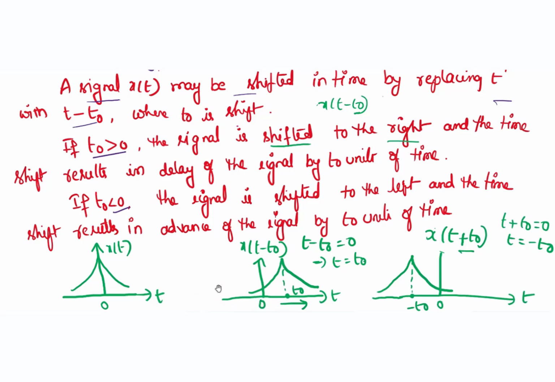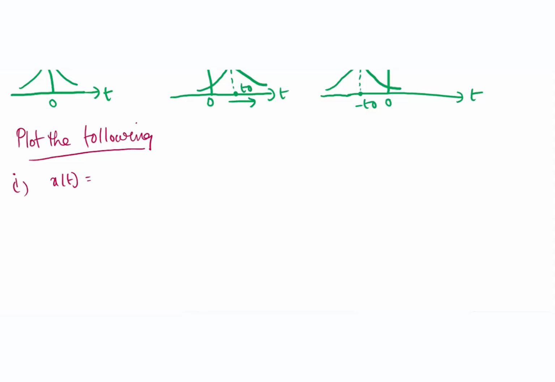We'll do one problem. We'll plot some waveforms. First problem, we'll plot x of t equal to u of t minus 4. You know u of t, but here it is u of t minus 4. Make t minus 4 equal to 0, which means your t is at 4. You know u of t is like this.